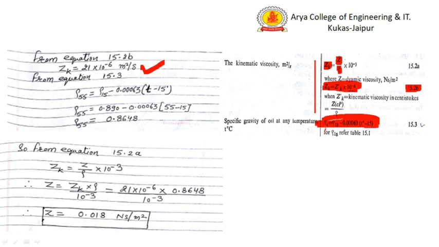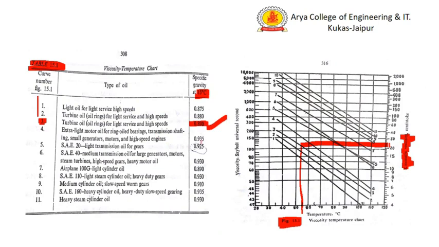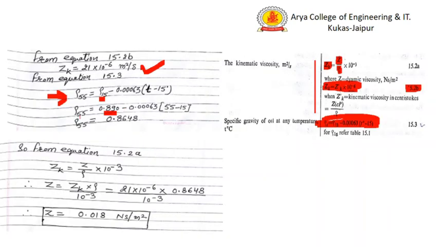We have assumed the temperature of 55 degrees centigrade, so rho 55 is equal to rho 15 minus this value, where rho 15 is 0.890. So rho 55 is 0.8648. Now use this value to find Z. From this equation we find that Z is equal to 0.018 Newton second per meter square. So this is the procedure to find the absolute viscosity.